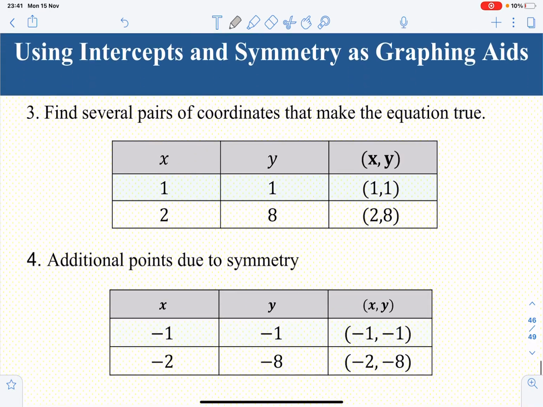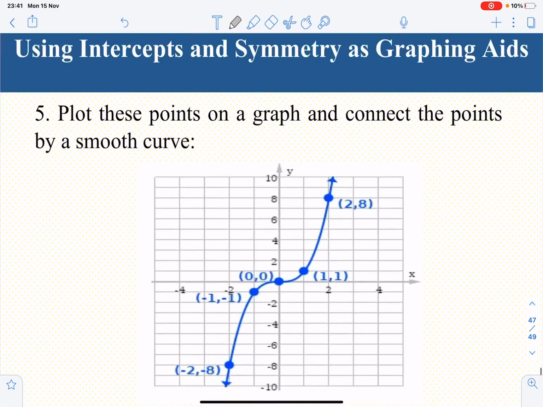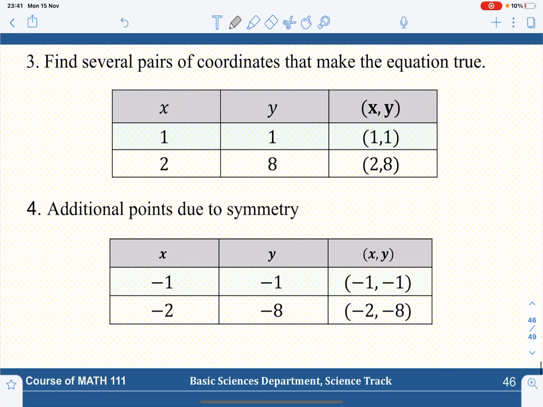So we can just keep this point in mind, 0 and 0. And also we can find several other points by putting in values of x and then finding the values of y.